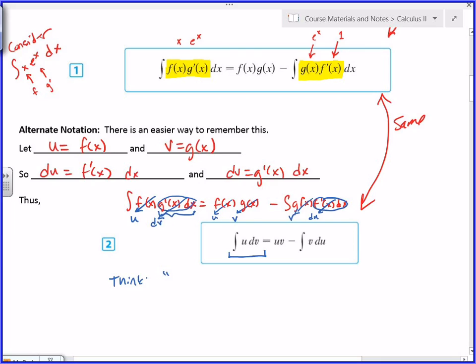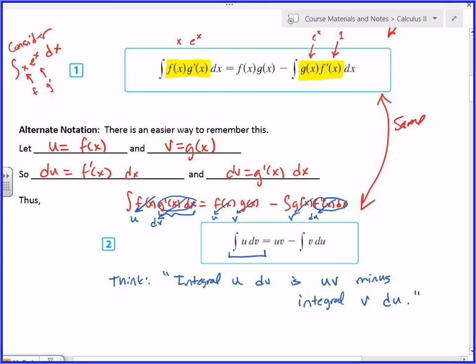Integral u dv is uv minus integral v du. Say that 100 times to yourself between now and the homework assignment. Just keep saying it every time you write it down.